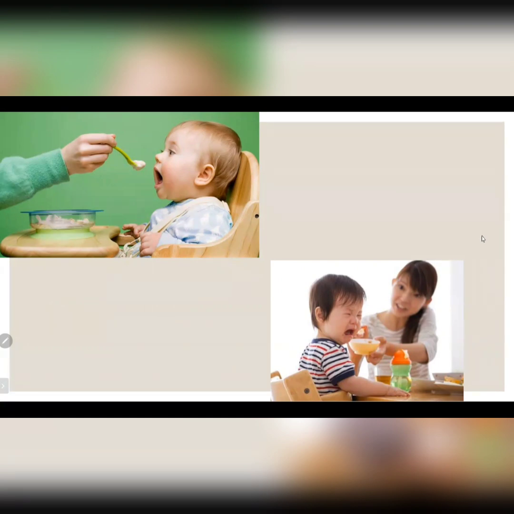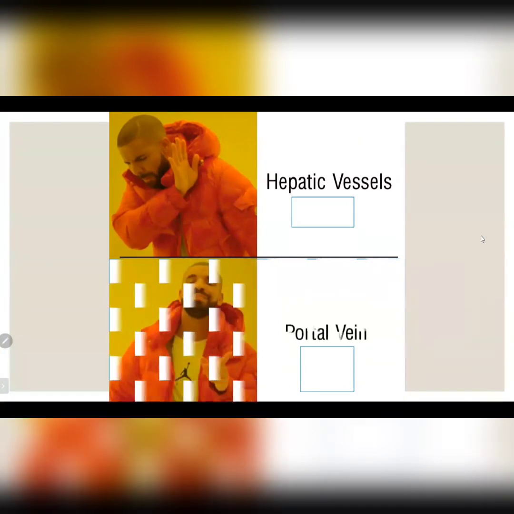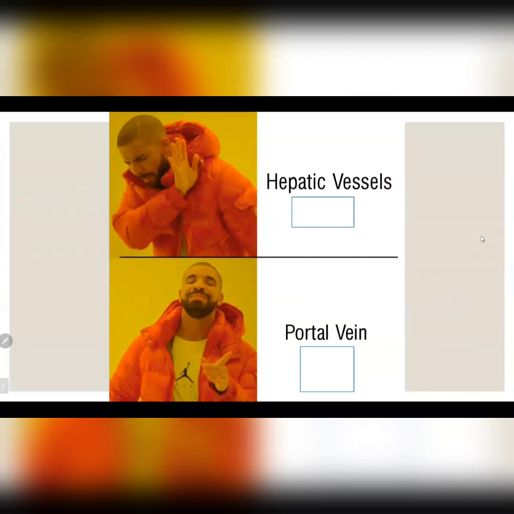In the same way, the liver also, though it has the hepatic vessels to give its blood supply, is not very interested in receiving the nutrition from the hepatic vessels alone. Instead, the liver wants the nutrition from a guest, that is the portal vein.